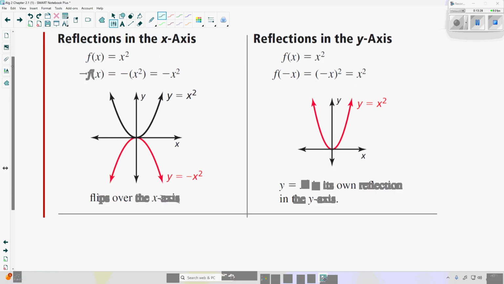Reflections. If A is negative, it's a reflection across the x-axis. If B is negative, it's a reflection across the y-axis. Now I call it B, and when I say B, I just mean it's negative.